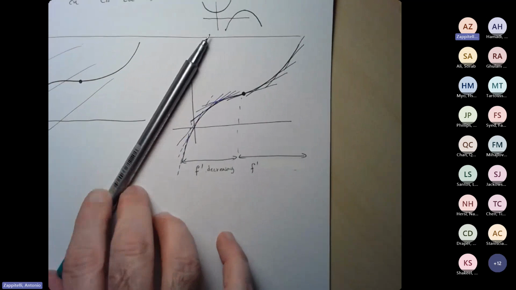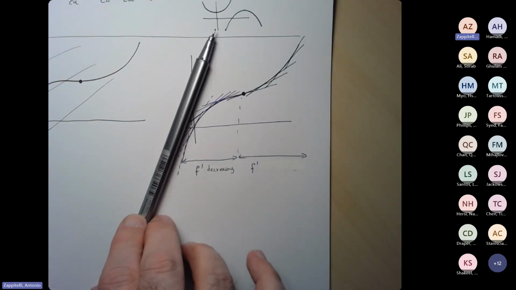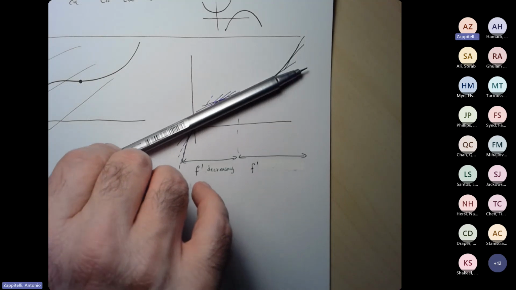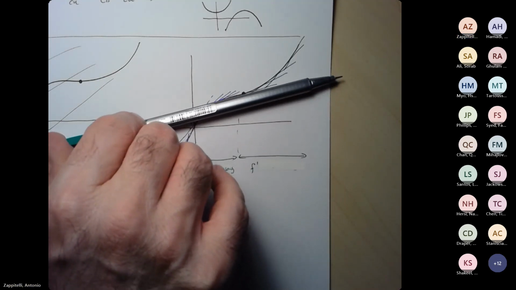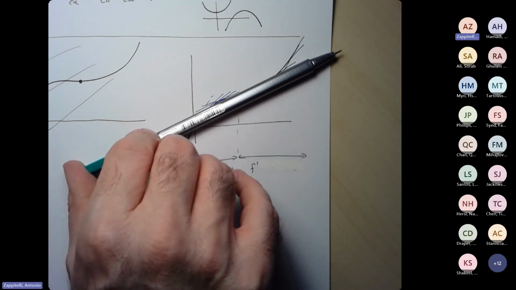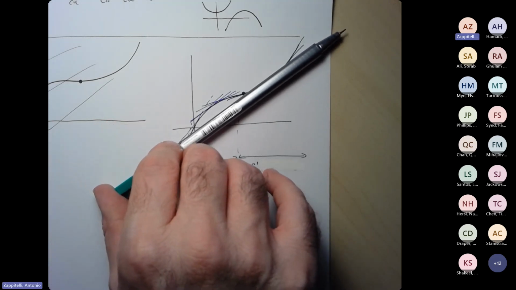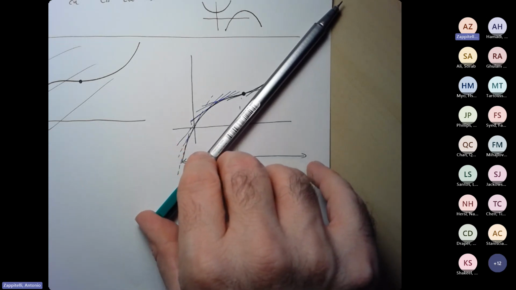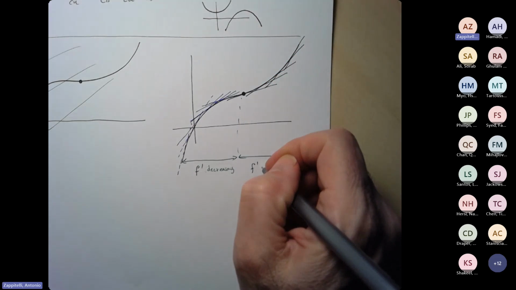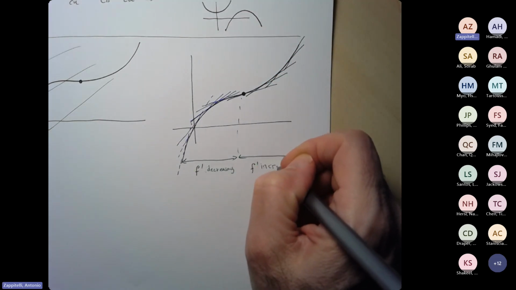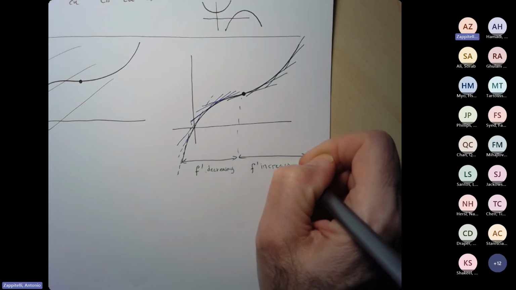Here, as I move from left to right, the slopes of the tangents get smaller and smaller. And now, once you get to this point, the slopes of the tangents start getting bigger and bigger and bigger. Okay? So here now, in this interval, the slopes of the tangents are increasing.